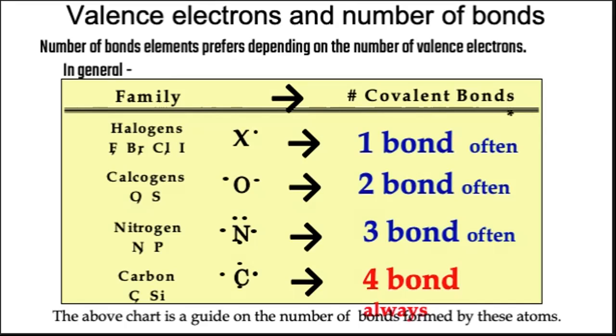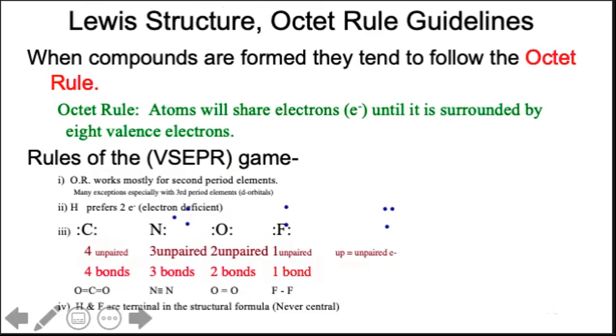Chalcogens, 2 bonds often, nitrogen, 3 bonds often, and carbon, 4 bonds as always. Okay, please take note.